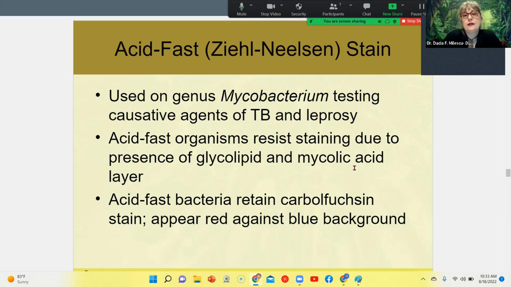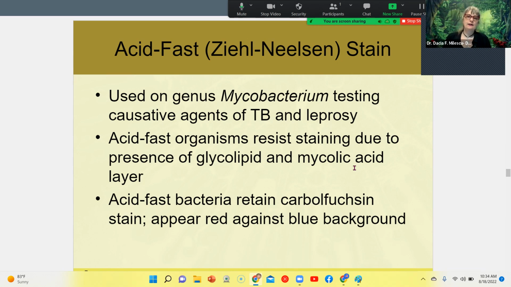All right, now we also have another kind of stain. It's called the Ziehl-Neelsen stain, but the more popular term is acid-fast. This is the common term we use because, although Ziehl and Neelsen discovered how to utilize this stain, we prefer the acid-fast terminology because it describes how we go through the staining process.